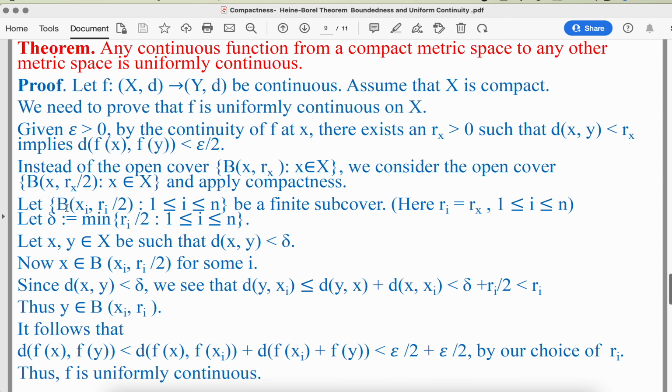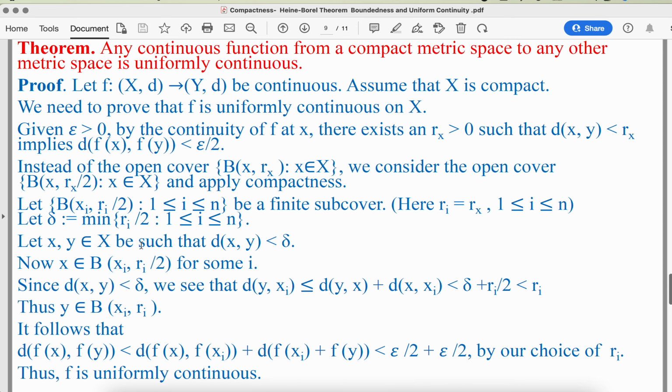Let B(x_i, r_i/2), here radius is r_i/2, be a finite subcover. Here r_i is equal to r_{x_i} and i lies between 1 and m. Let delta be equal to the minimum of these r_i by 2, where i lies between 1 and m.